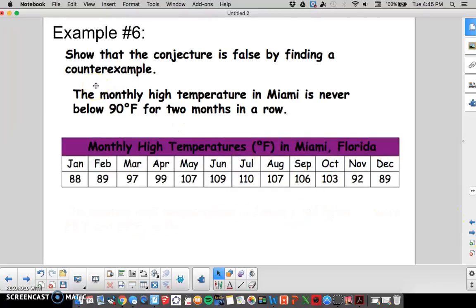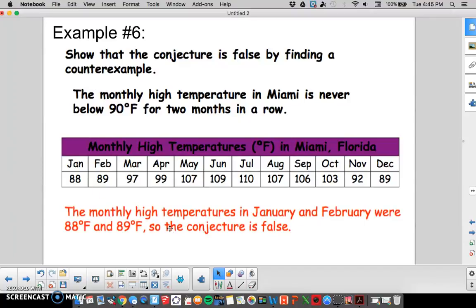All right? We have a table of data here. Show that the conjecture is false by finding a counterexample. The monthly high temperature in Miami is never below 90 degrees for 2 months in a row. Well, the monthly high temperatures in January and February were both 89 and 88. So for 2 months in a row, it was below 90 degrees.